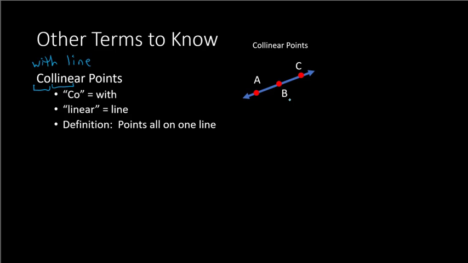So here's an example. We have points A, B, and C. In this case, these 3 points are collinear because they are with or on the same line. Whereas over here, we have points A, B, and C. They are non-collinear because they're not on the same line. So make sure you know the difference between collinear and non-collinear.